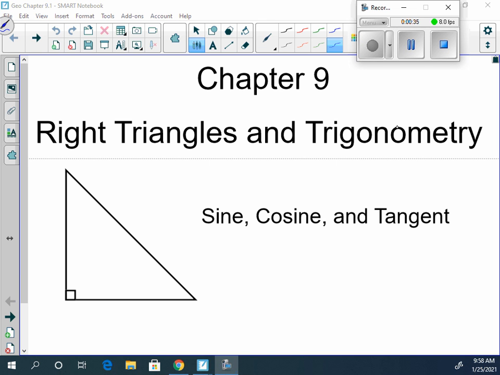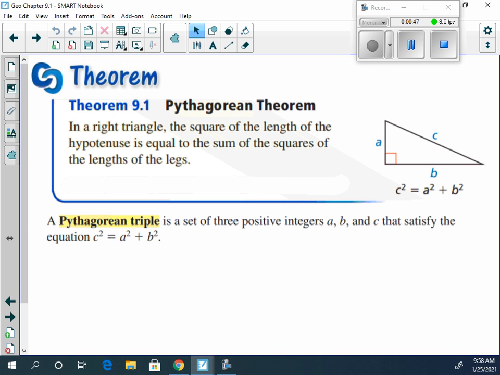Now, before we delve too deeply into sine, cosine, and tangent, we're going to talk about right triangles to start with, and then we'll talk about some non-right triangles later on. The first theorem that we come across is the Pythagorean theorem. The Pythagorean theorem states that in a right triangle, the square of the length of the hypotenuse is equal to the sum of the squares of the lengths of the legs.